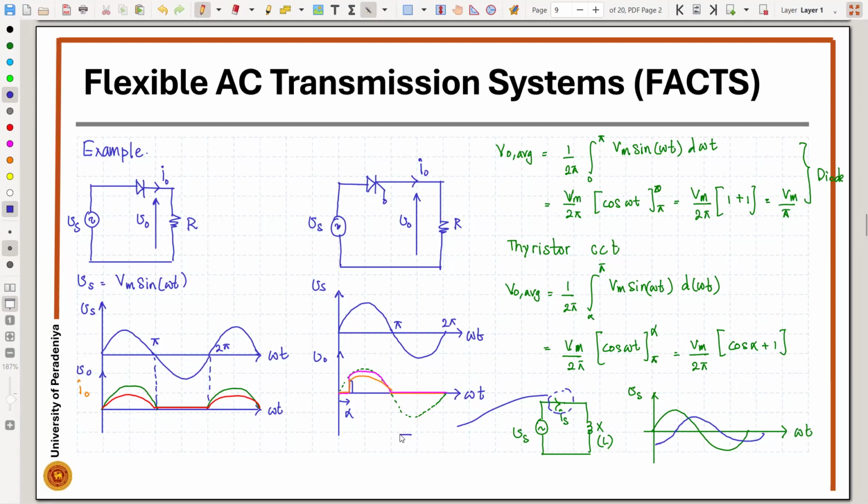Anyway, what I wanted to tell is that, let's say we are trying to implement this with thyristors. Let's say we have two thyristors, one in this direction, the other in this direction. So if that is the case, then okay, we will consider the circuit, not this circuit.